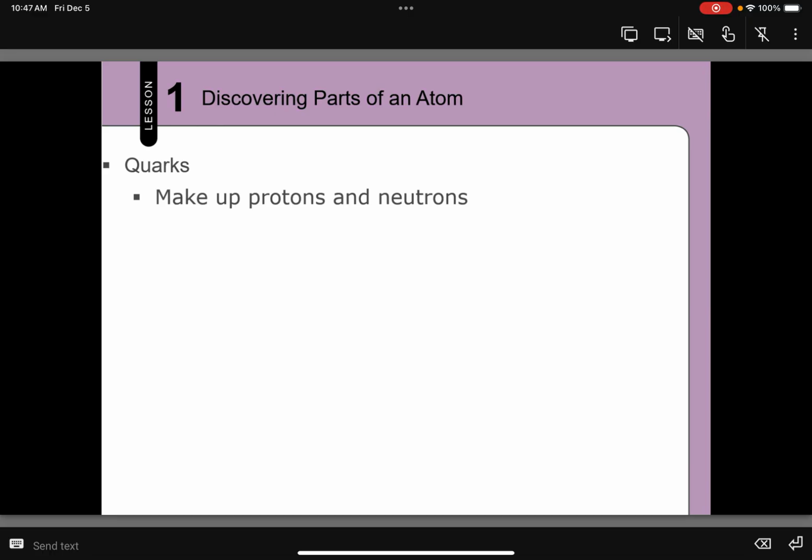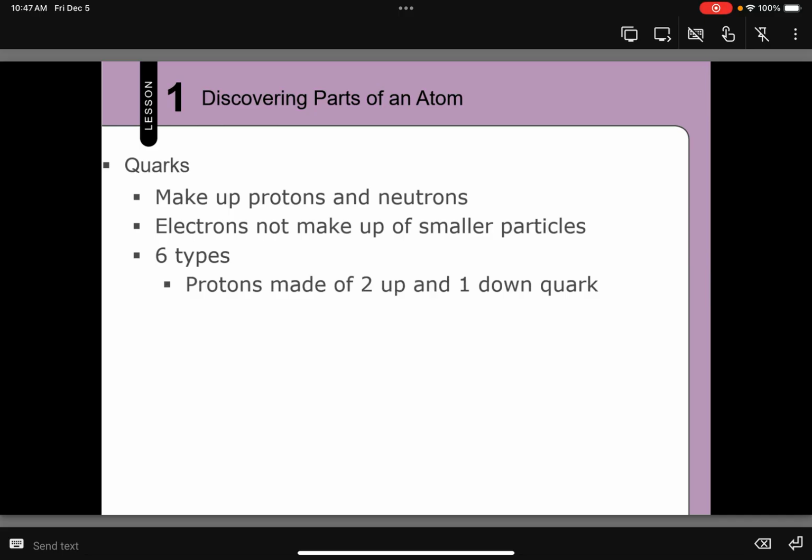It was previously thought that they weren't made up of anything else, but again, advancement in technology has allowed us to find that protons and neutrons are made up of something called quarks. At this time, they don't know if electrons are made up of anything smaller than that. Electrons are also significantly smaller than a proton or neutron. It's like 1/1600th of the size of a proton.